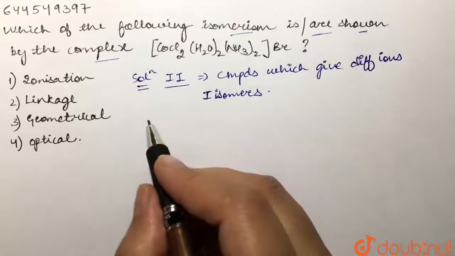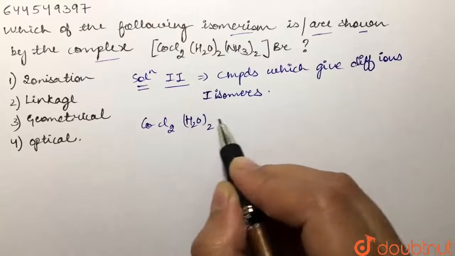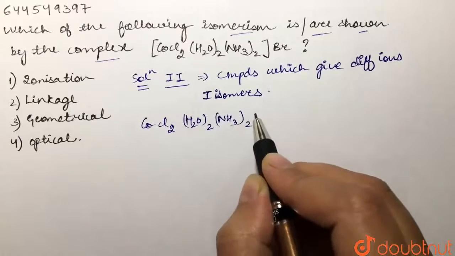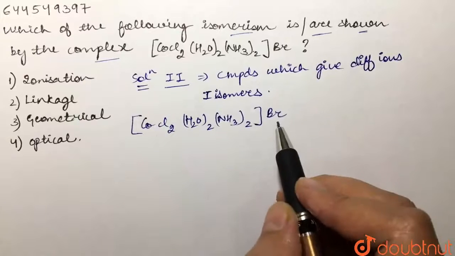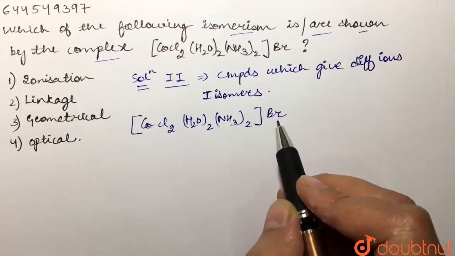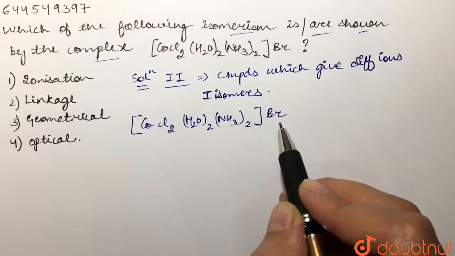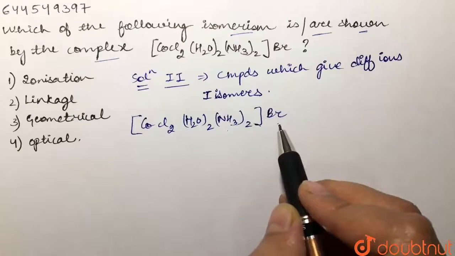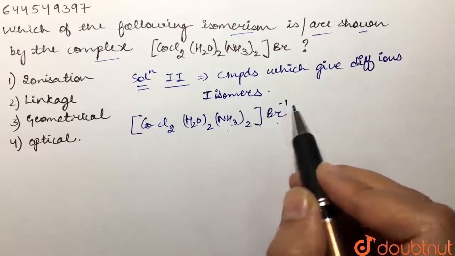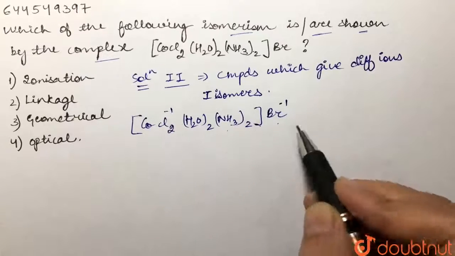So in this case, we have [CoCl2(H2O)2(NH3)2]Br, and bromine is present outside. The ions that we get are one, the coordination sphere, and the other, the bromide ion. Now we can exchange this bromide ion with a ligand that is present inside only if it's anionic. Bromide is anionic, and chloride over here is also anionic, so we can exchange these two.